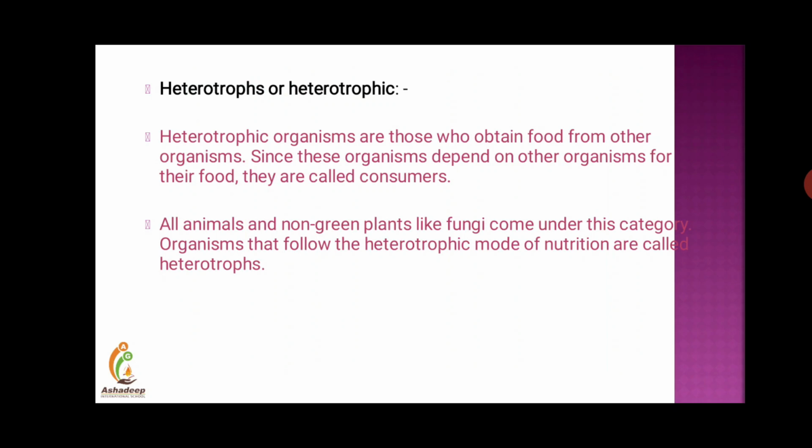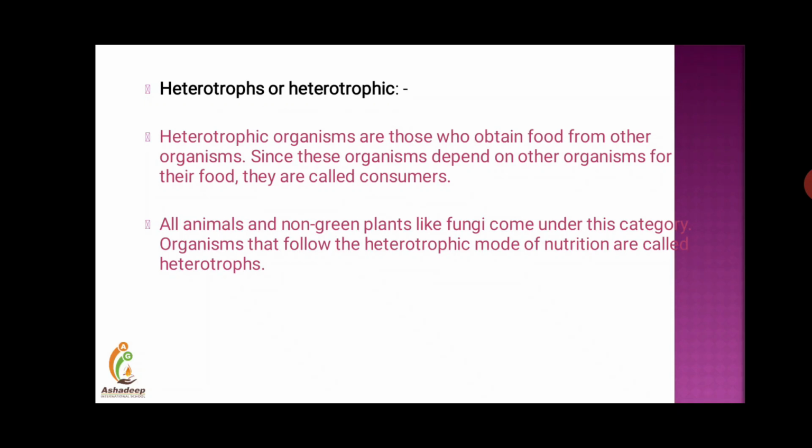Second one, heterotroph. Heterotrophic organisms are those that obtain food from other organisms, because hetero means other, trop means nourishment. So these organisms depend on other organisms for their food. They are called consumers.